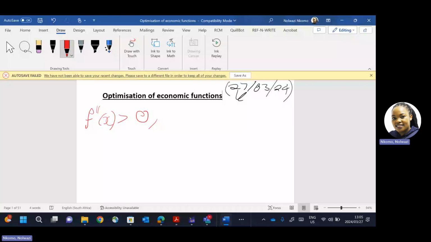And if the second derivative is less than 0, then it is a maximum point.